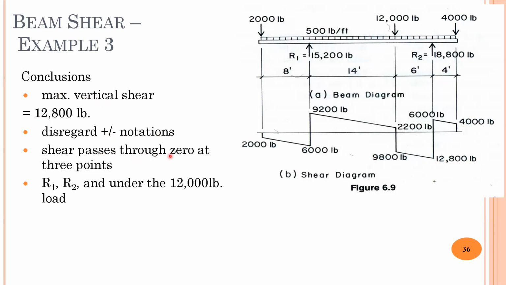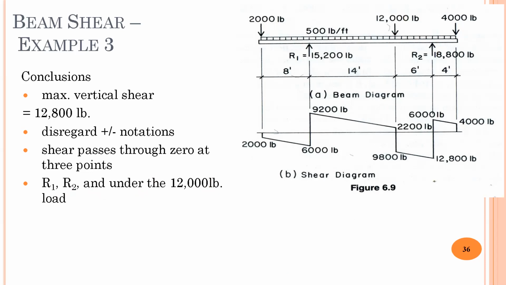Shear passes through 0 at 3 points. It passes through here where this reaction is, it passes where the 1200 is, and it passes where the 18. So you see it passes through 3 times. R2 under the 12,000 load, R1 and R2. So these right here, the 1200 is affecting right across here.